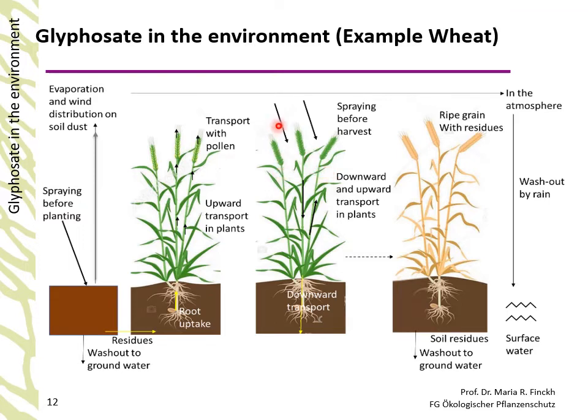And that means in a moment when the cereals are not totally ripe, they are sprayed with glyphosate, and glyphosate is transported in the plants down and upwards, and also through the roots, released into the ground. And on the other hand, of course, we have residues in the ripe grain if it has been treated with glyphosate. Through the atmosphere, of course, they can also be washed out by rain, and it can also get into the surface water.